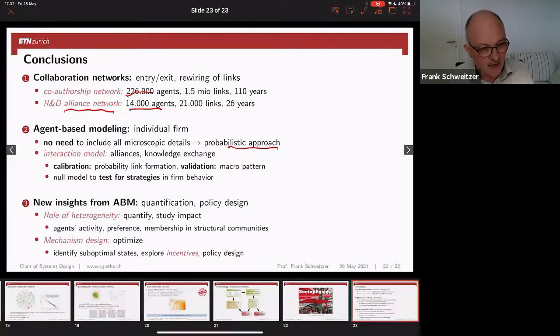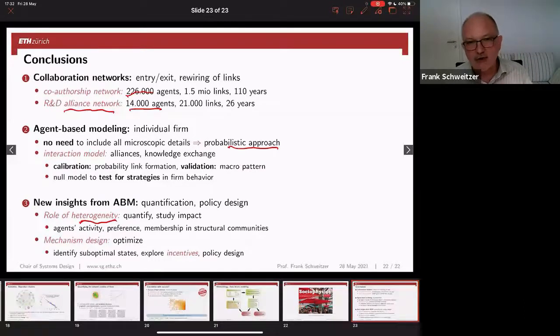So what are the new insights that we can derive from these types of investigations? We have a better understanding of whether the difference in firms makes an advantage or not. That's something that we could figure out in our study. That's what economists call heterogeneity.